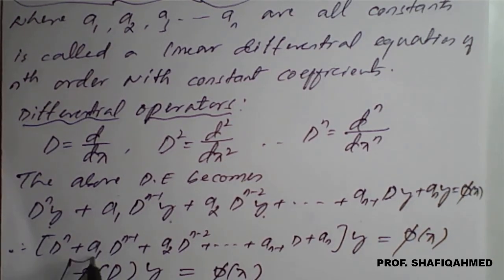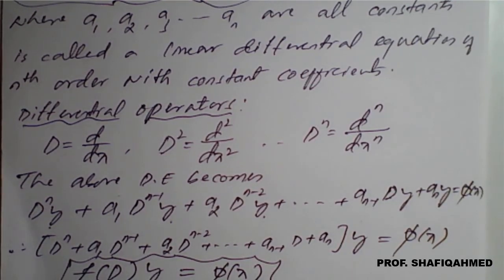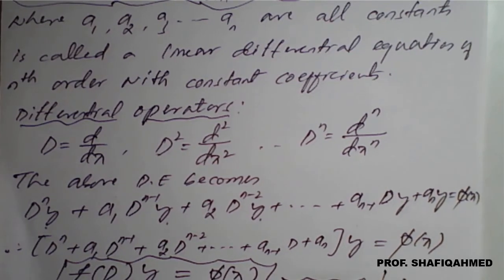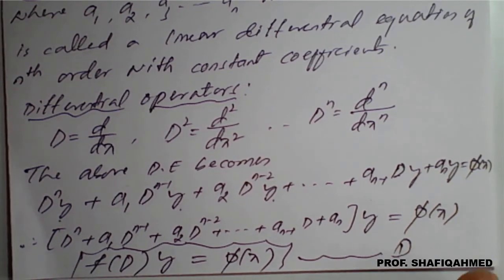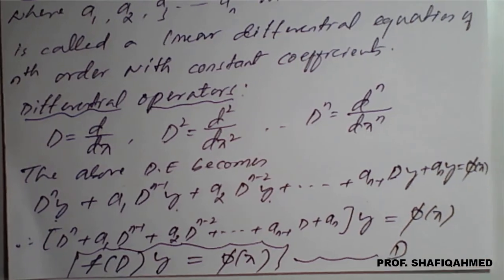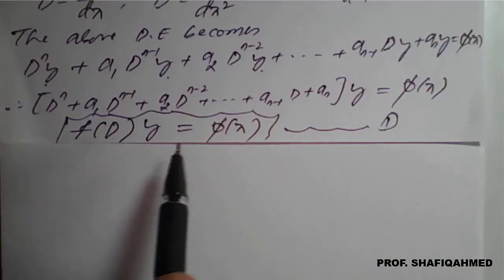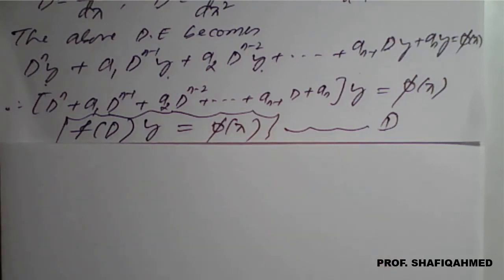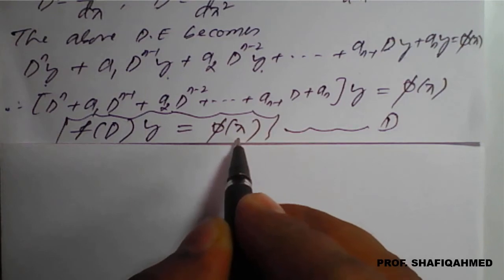So this is a differential equation in terms of y. This complete bracket we can write as a function of D, f of D, acting on y is equal to phi of x. This is a linear differential equation, and I will call it equation number 1.